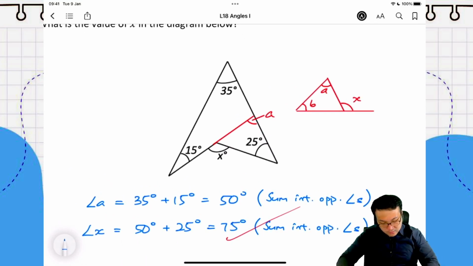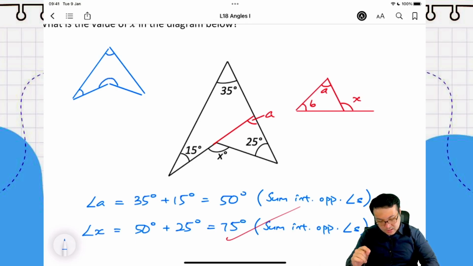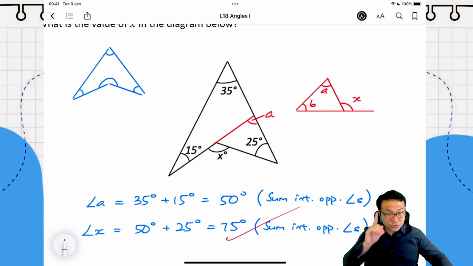Gwen said that this is a four-sided figure. 1, 2, 3, 4. So whenever you have a four-sided figure, your total sum of angles is 360 degrees. So this plus this plus this plus this should give you 360.